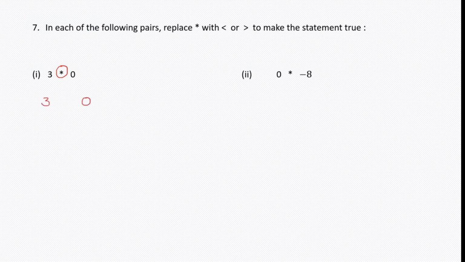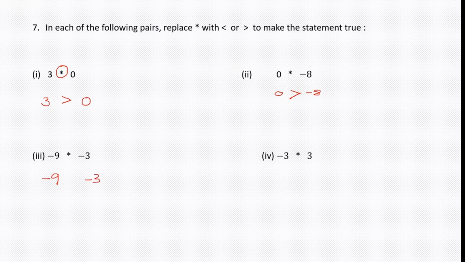So let me write that again. 3 and 0. 3 is greater than 0, isn't it? So I've replaced it with a greater than sign. Second one, let me write 0 and minus 8. 0 is again greater than minus 8. Next one, so here I have minus 9 and minus 3.